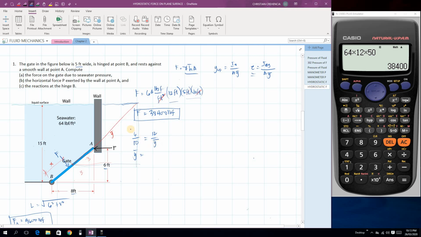Itataas natin yung doon, bababa natin dito yung 6. Taas natin to dito, lagyan natin dito yung 10. So, 12 over 6 is 2. Times 10 is 20. Okay. So, pwede naman tayo mag-calculator. Pero, yan. Diretso na lang natin. So, we have Y bar na 20 feet.